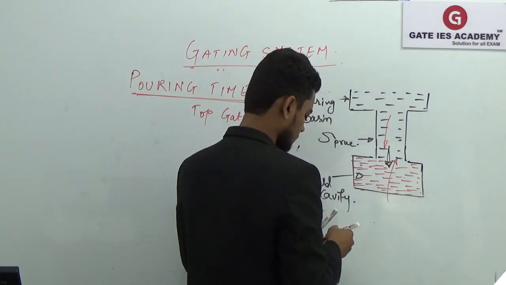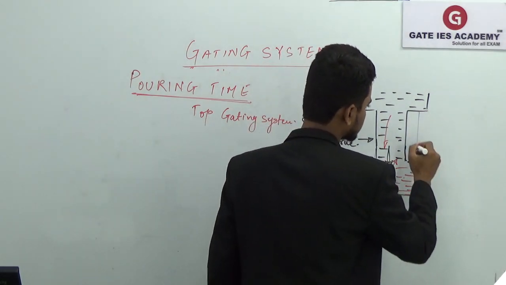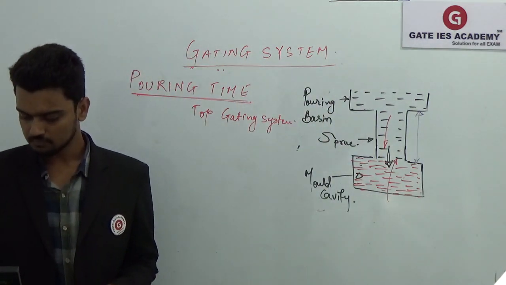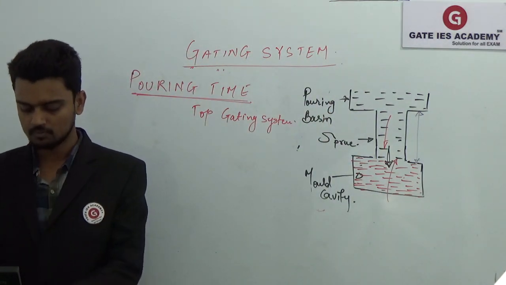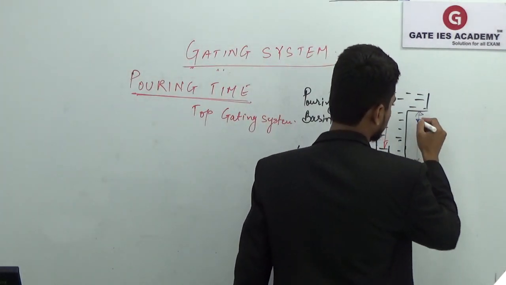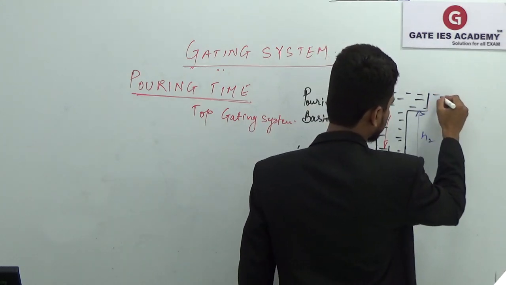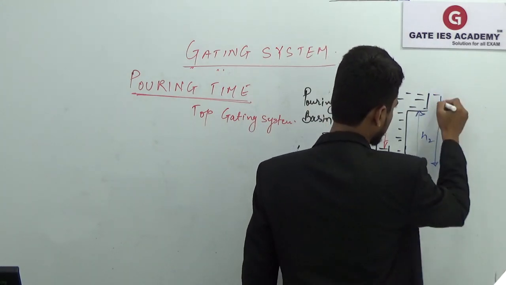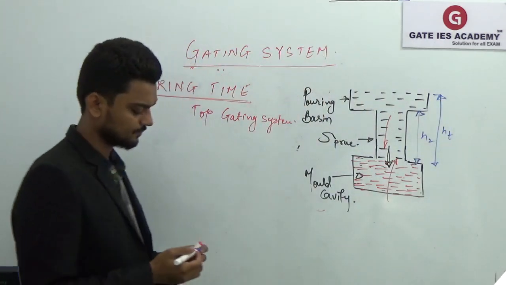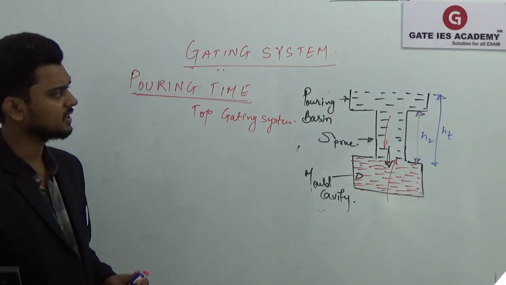Now H2 is the height of your sprue, and HT is the height of the molten metal in the pouring basin.